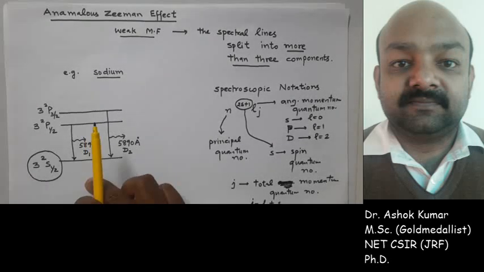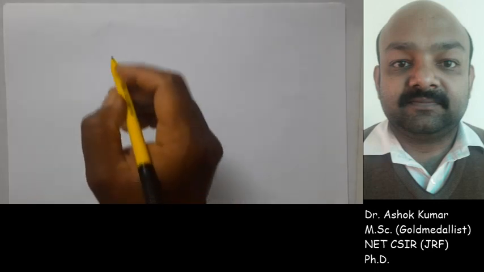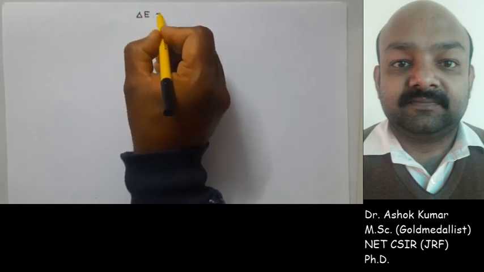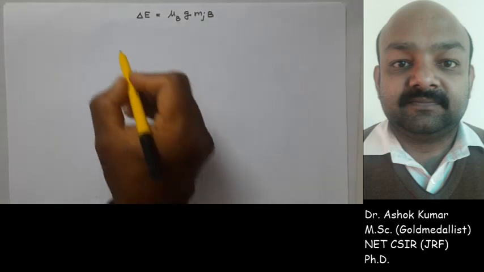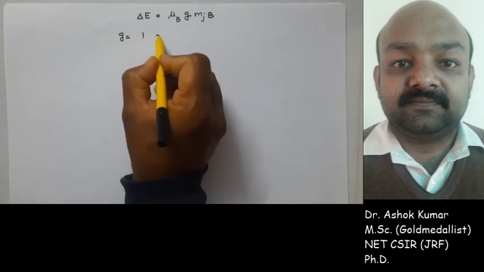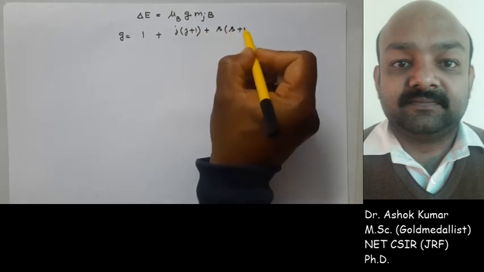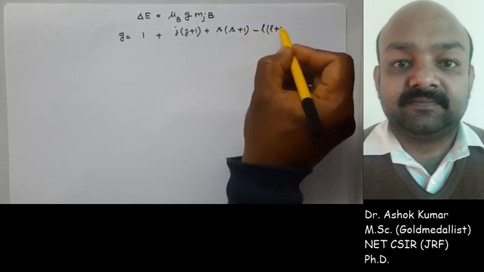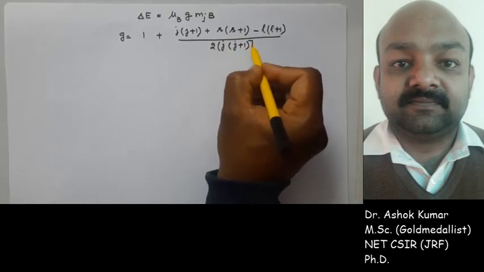For this, we will use the formulation that has been used in our previous lecture, normal Zeeman effect, that when we apply a magnetic field, an energy term is introduced, that is called the potential energy term, due to which the energy of the spectral line gets changed, and that change in energy is given by this formula, where g is called the Lande g splitting factor, whose value is given by this.